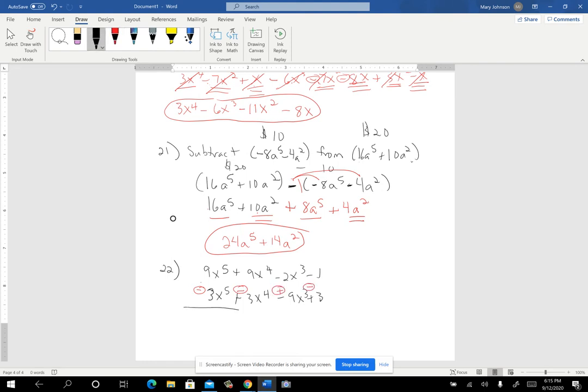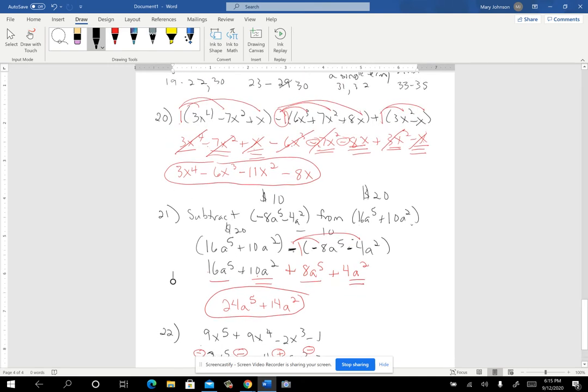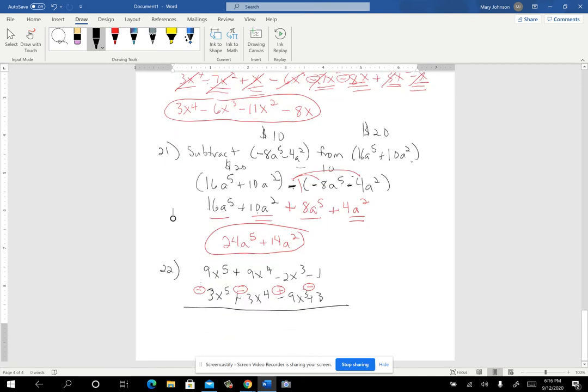It really helps to change the signs. If you were subtracting the whole polynomial, that would be like a negative 1 out in front that gets distributed, like I did here, or like I did up here. Okay, it helps a lot to write the new sign down.